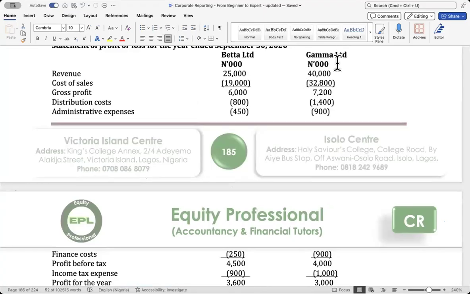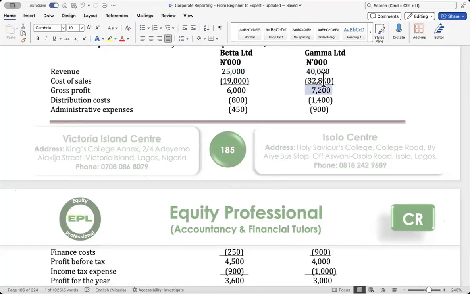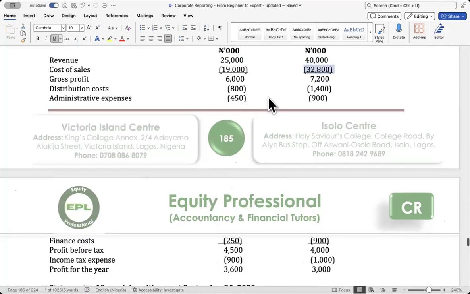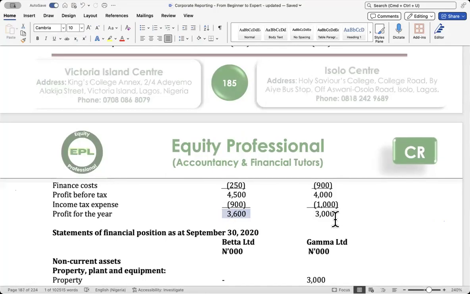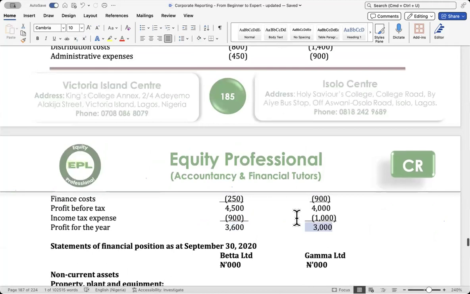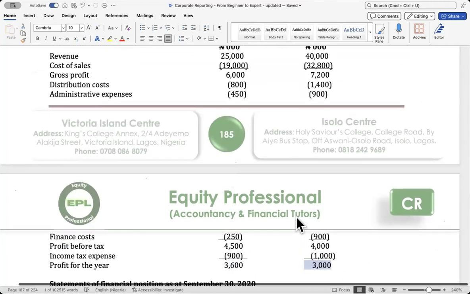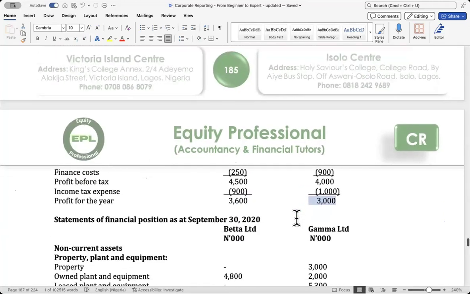So when you look at Gamma, the revenue of Gamma is higher than the revenue of Beta, which trickles down to gross profits. In fact, the cost of sales of Gamma is higher, but ultimately, Beta has higher profitability. In the end, it was able to make more profit.